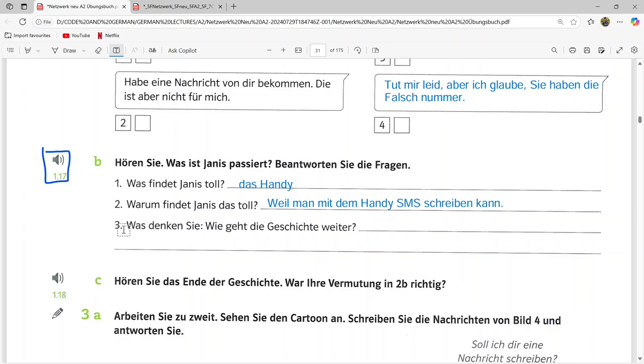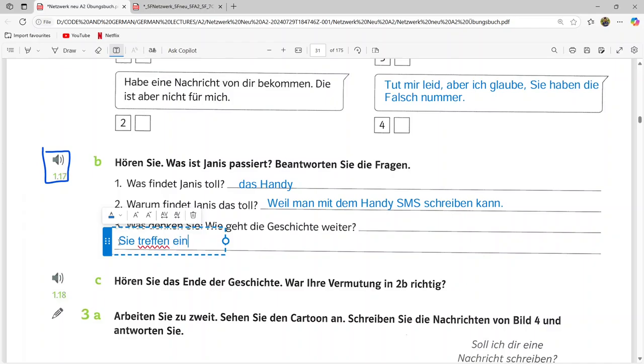Now third one. Was denken Sie? We get die Geschichte weiter. So what do you think? How does the story go? I think that everybody will think that they fall in love with each other. So they meet each other.